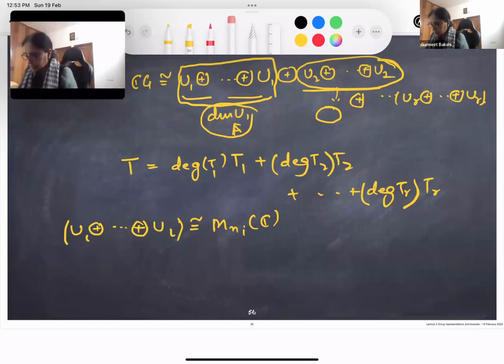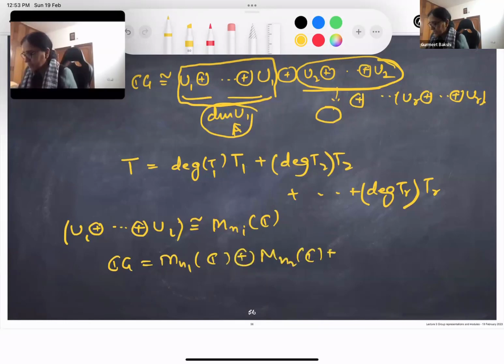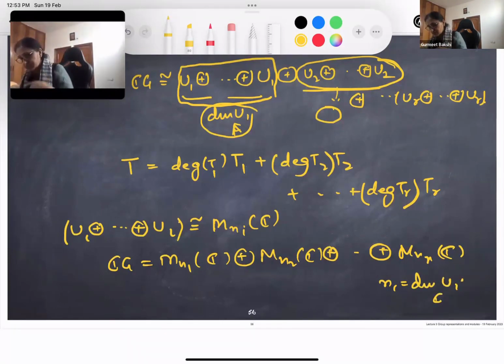So if I use the Wedderburn-Artin theorem, then what you have is that this is M_n1(C) direct sum M_n2(C) direct sum M_nr(C). What are the ni's? The ni's are the dimensions of Ui over C. I'm using an algebraically closed field. I'm using the Wedderburn-Artin theorem on the structure of simple Artinian rings and, of course, semisimple rings.